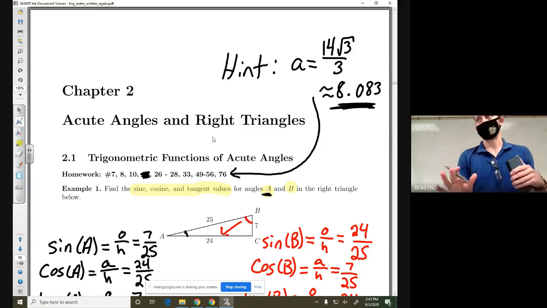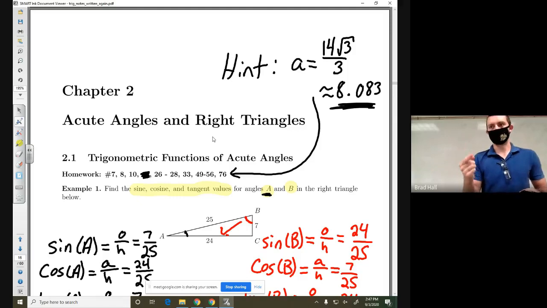And you can keep your form. Your form's fine. The book, like I said, likes to rationalize, and this is the rationalized form. I don't feel like figuring out the not rationalized form. So the decimal should be perfectly sufficient. That's for A.